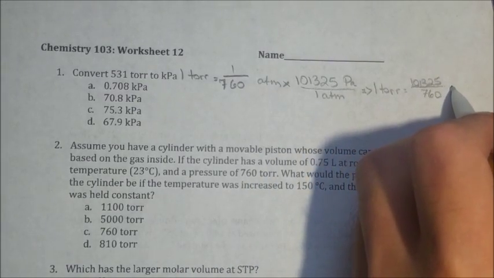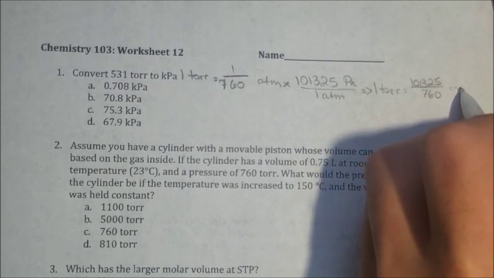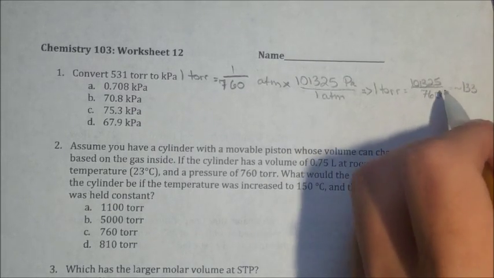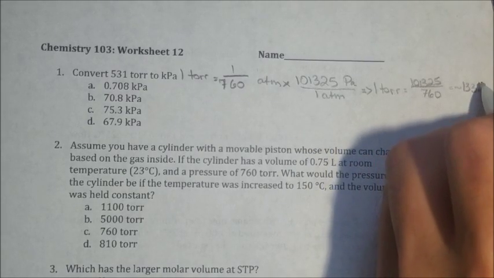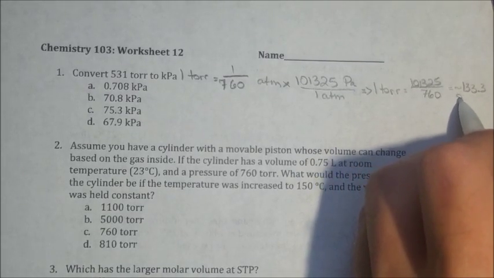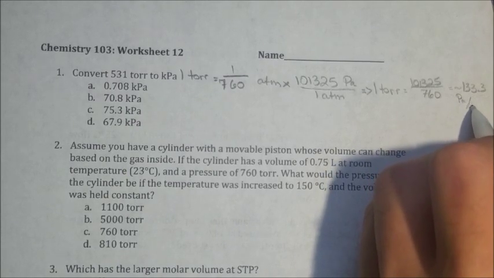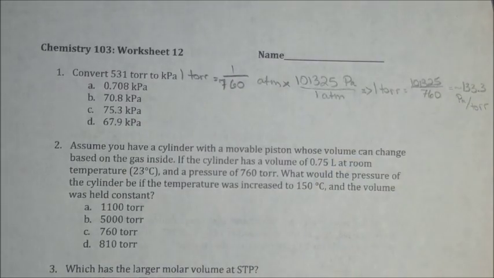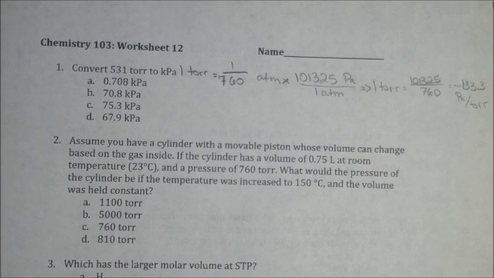And so this is approximately 133.3, and the units here would be pascals per torr. So this tells us here how many pascals there are in a torr.